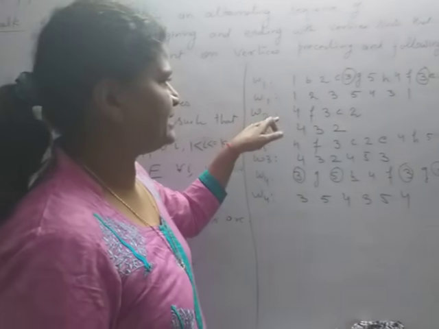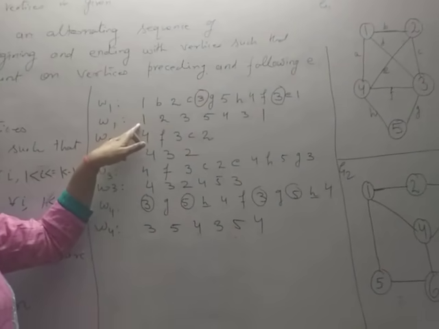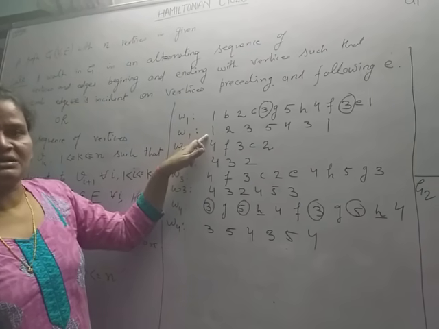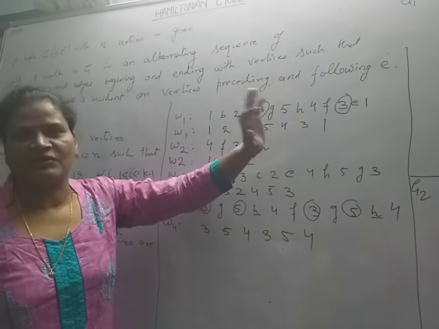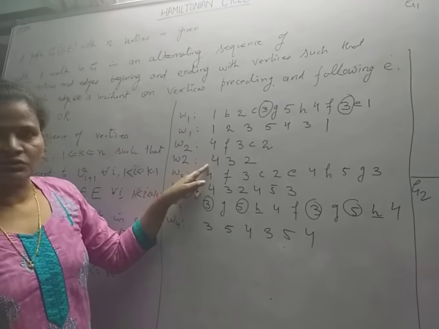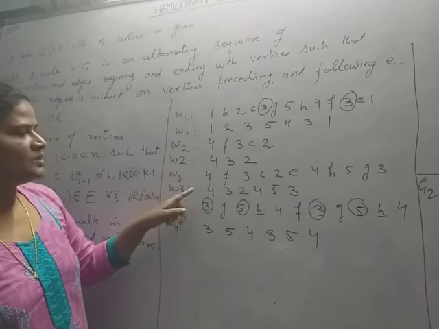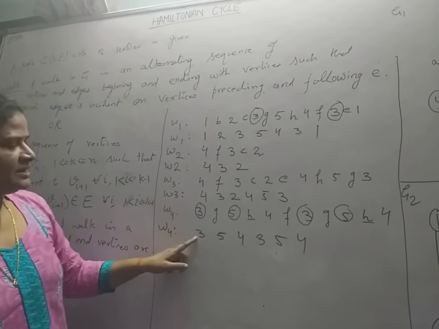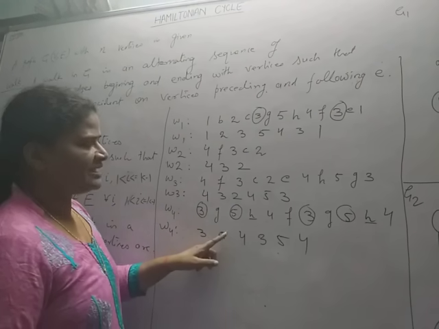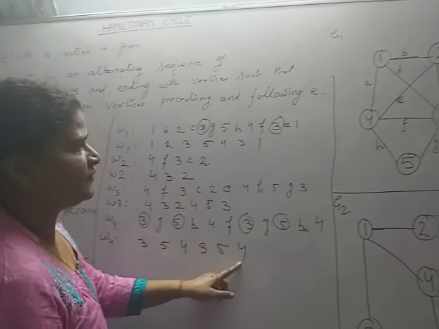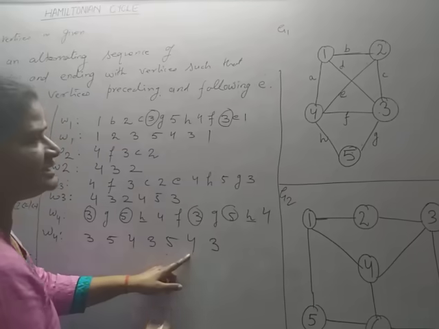Okay, so see here, this walk is a closed walk because it starts at vertex 1 and ends at vertex 1. This is not a closed walk because it starts at 4 and ends at 2. This is not a closed walk. 3, 5, 4, 3, 5, 4, and suppose here we write 3 again.